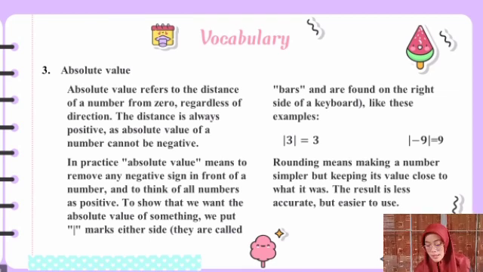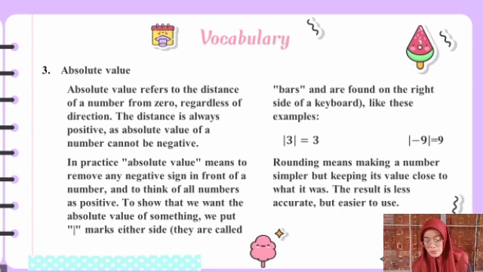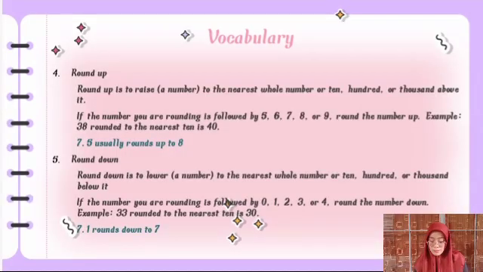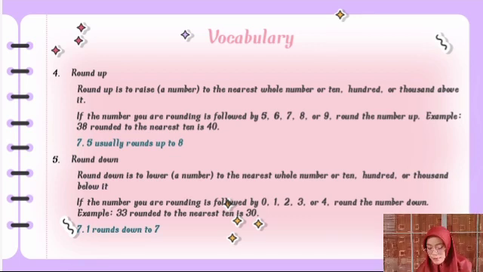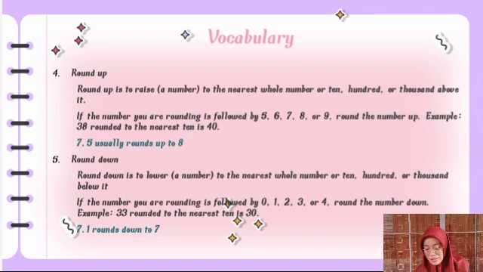Rounding means making a number simpler but keeping its value close to what it was. The result is less accurate, but easier to use. Next, number 4 is round up. Round up is to raise a number to the nearest whole number, or 10, 100, or 1000 above it.